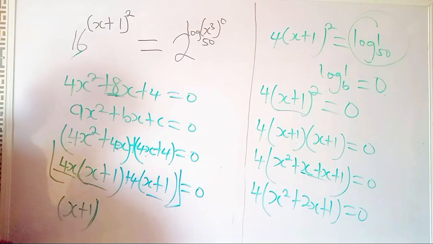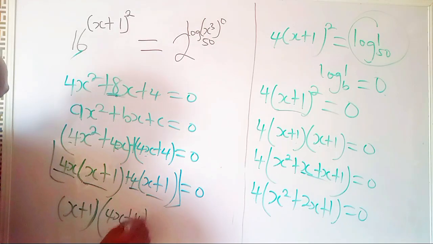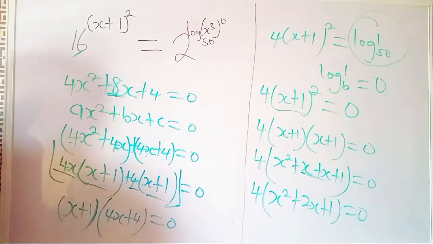What is remaining here is what? 4x. What is remaining here is what? 4. That should form the second bracket. Everything is equated to 0. Okay, so now either the first bracket is equal to 0 or the second bracket is equal to 0.